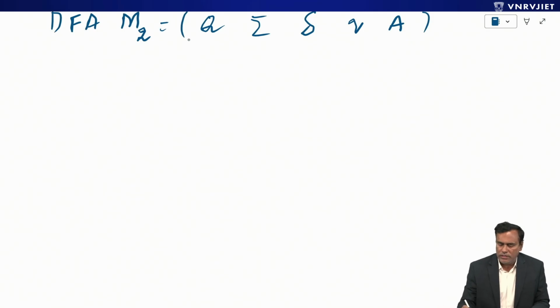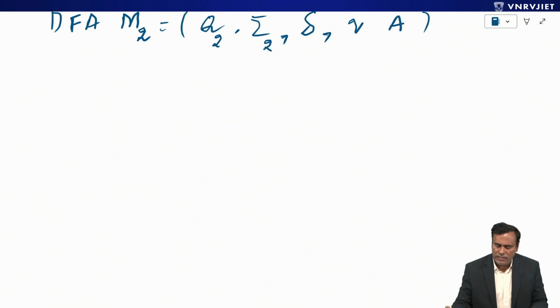Therefore, I can use the subscript 2 for all these symbols: Q2, sigma, delta 2, the start state q2, and A2.